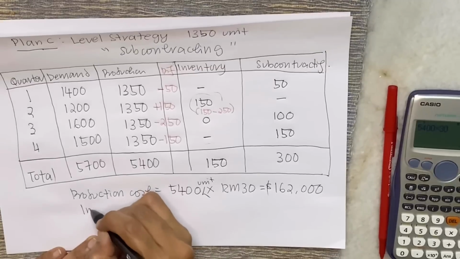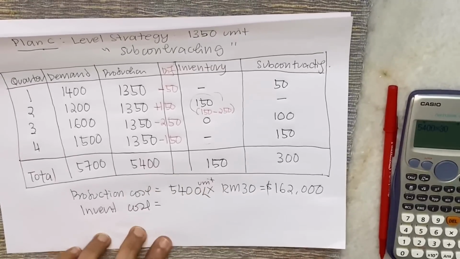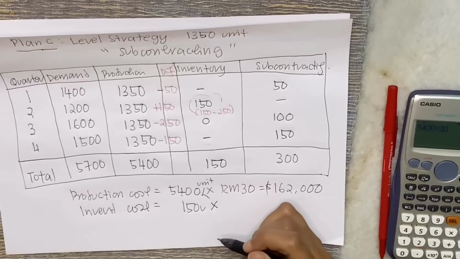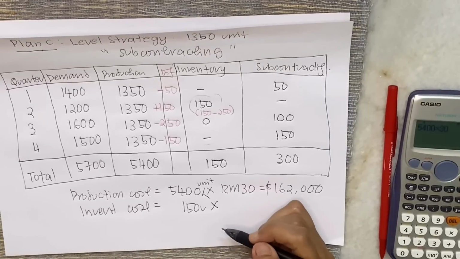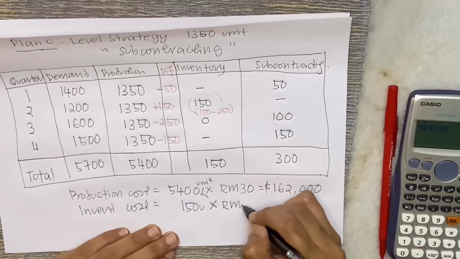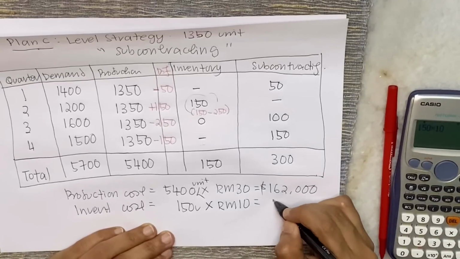Okay, now inventory cost. Inventory cost sama dengan 150 unit times with inventory berapa? Inventory berapa harga dia? Inventory is 10 ringgit. RM10. So 150 times 10 is 1500.